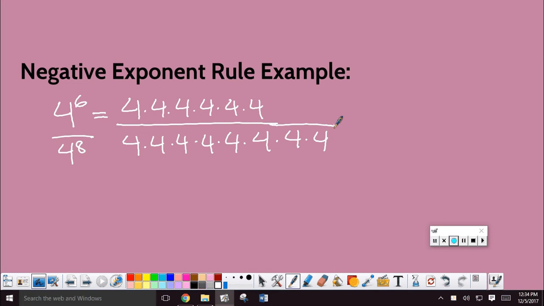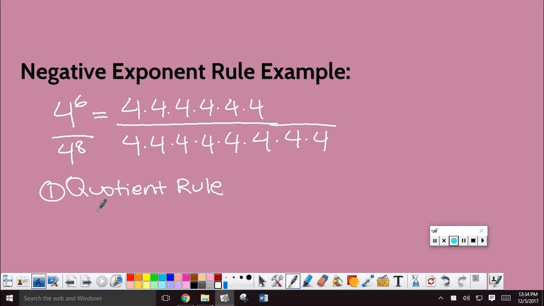Now, if we were to solve it with the quotient rule that we just learned, what does your quotient rule say to do to 4 to the 6th over 4 to the 8th? Subtract the exponents.